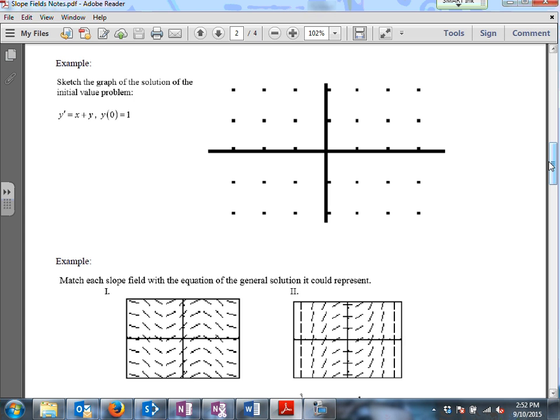So now let's talk about if we actually have to draw in a solution curve. Right now, y prime equals x plus y. You may want to get into the habit, especially when we talk about solving differential equations tomorrow, that y prime is the same thing as dy dx. So let's go ahead and fill in all of these slopes.